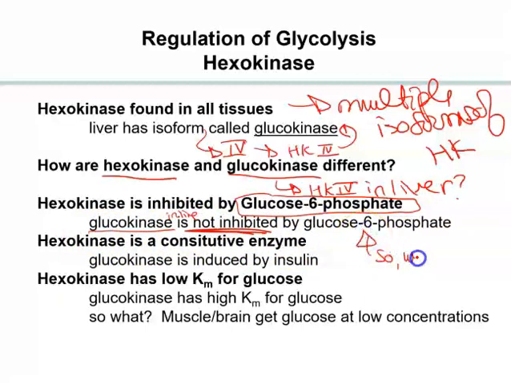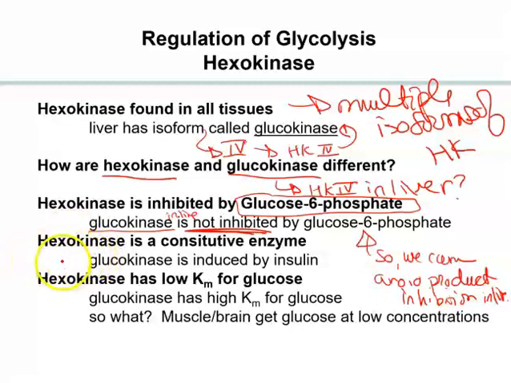So we can avoid product inhibition in liver. This means that hexokinase 4 in liver will continue to form glucose 6-phosphate even when there is a high level of glucose 6-phosphate present in liver cells.